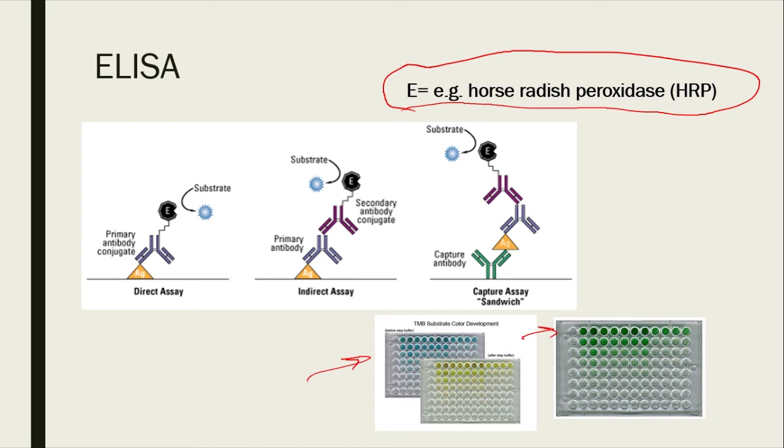It could be a blue substrate that undergoes enzyme-assisted reactions and turns yellow, or it could be a green substrate, and the more reactions that occur, the darker the liquid turns, or the fewer the reactions, the paler it is. So it's a light green versus dark green, or a blue versus yellow type of change.